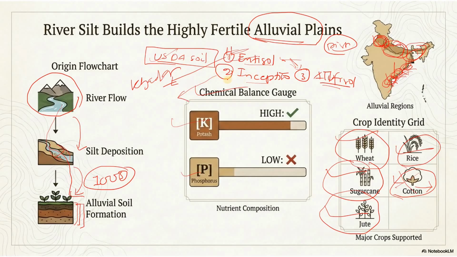Second is the Inceptisol. Inceptisols are found in slightly older alluvium, which is older than the Entisol but younger than the Alfisol. This is not clear, let me write it again.